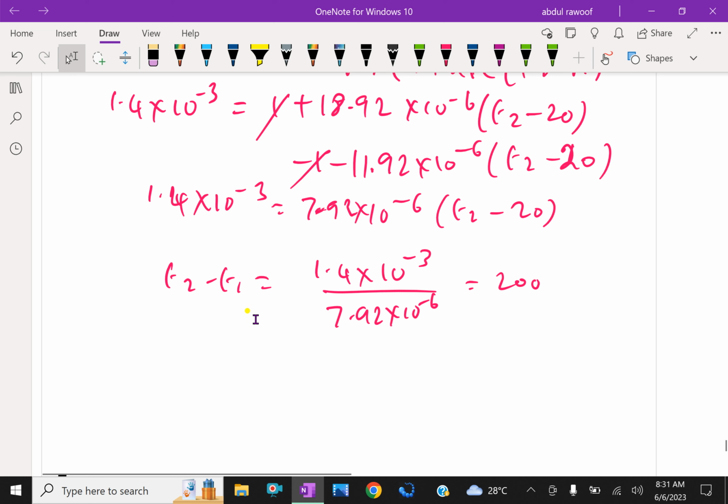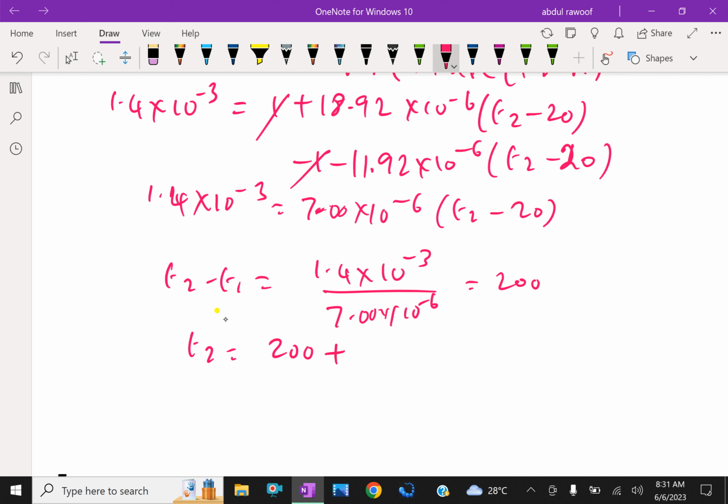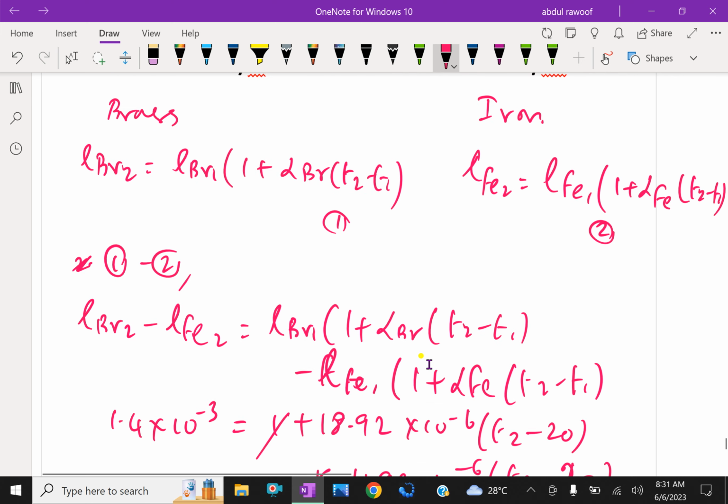Now therefore T2 equals 200 plus T1, which is 20, which is equal to 220 degrees Celsius. Therefore the final temperature is 220.